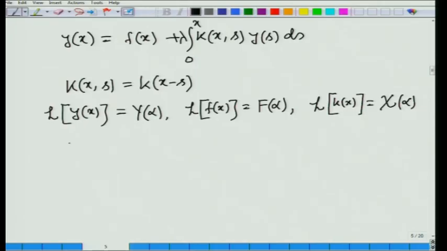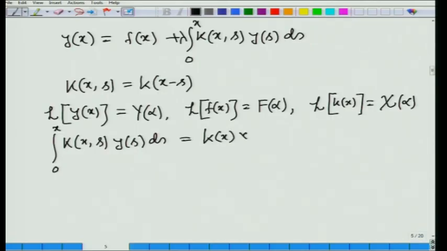So, specifically we can write that if K(x, s) satisfies this criterion, then the integral from 0 to x of K(x, s) y(s) ds is equal to the convolution k(x) star y(x). Then we can take the Laplace transform of the given integral equation.